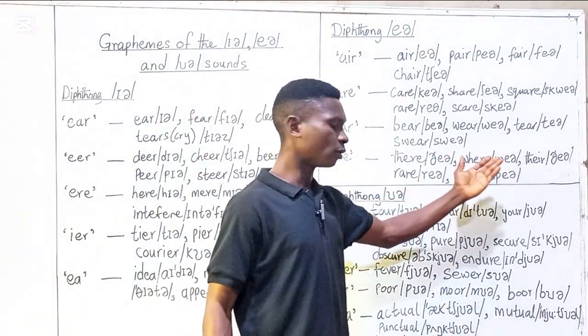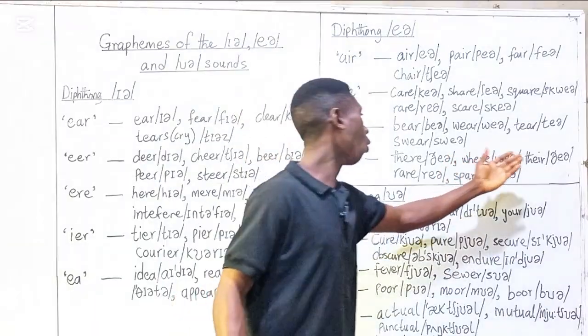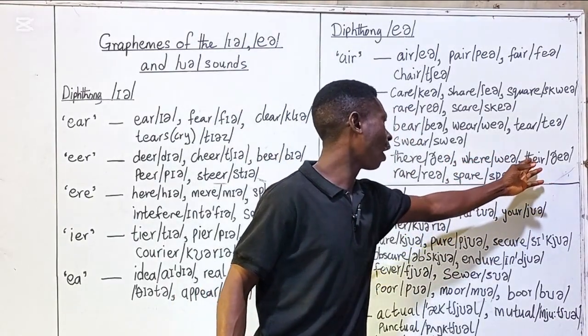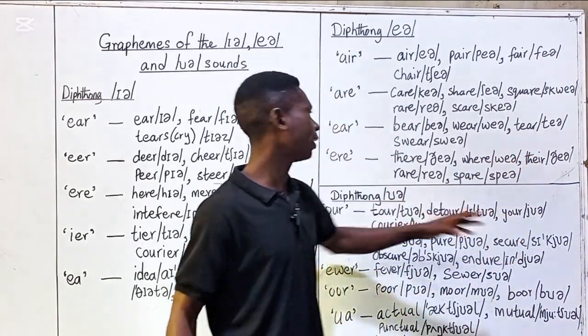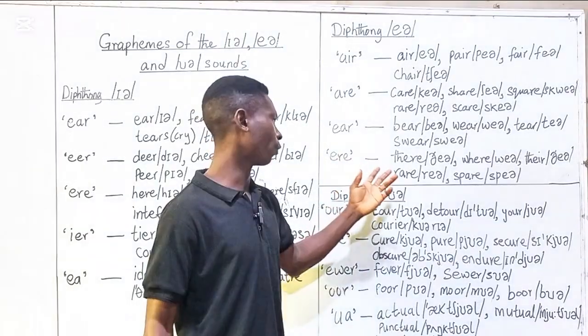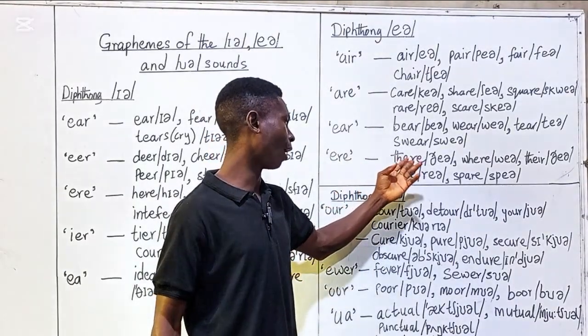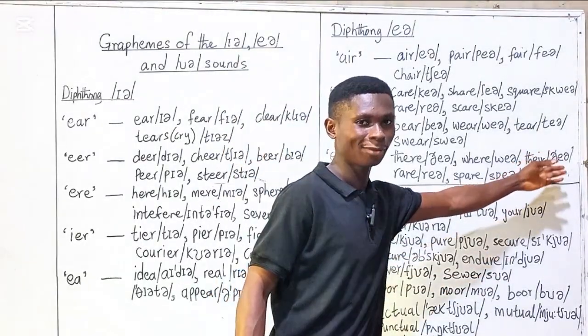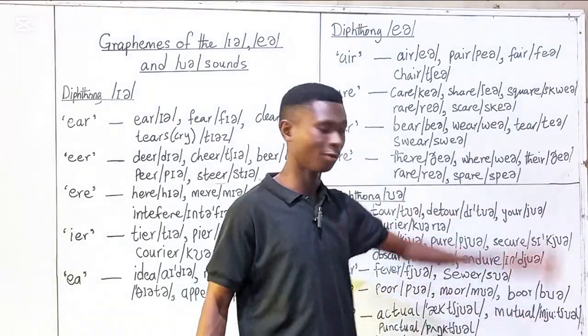So I'm just laying emphasis on the fact that this particular word THEIR, there, is pronounced the same way we pronounce THERE, there. So don't say dia. It's not dia, but there. All right.